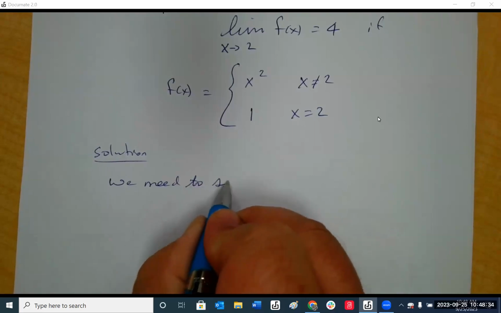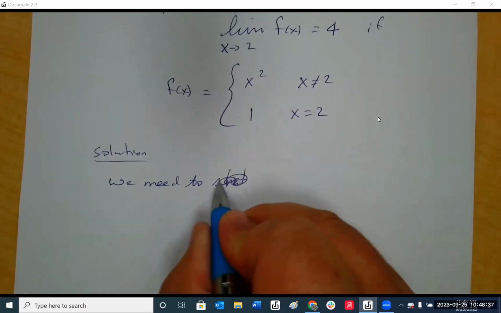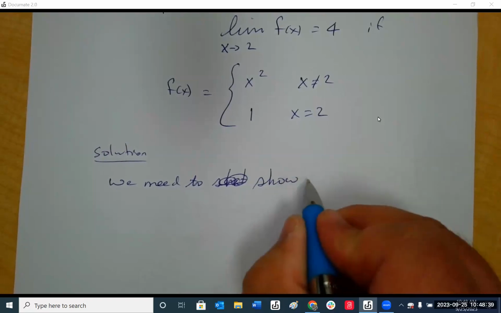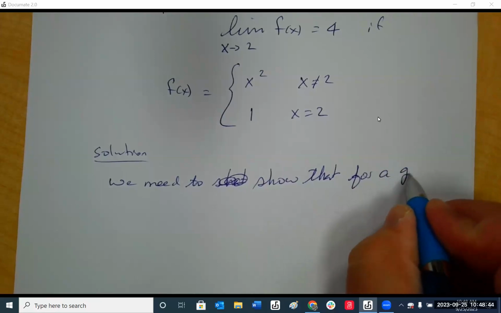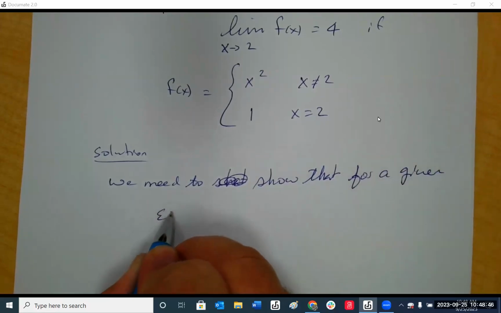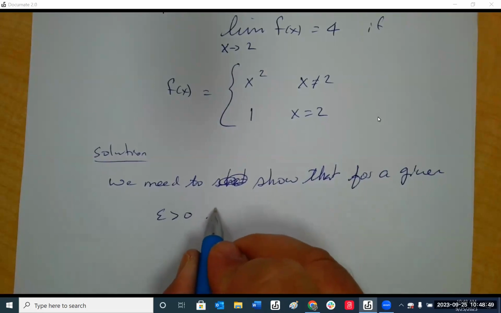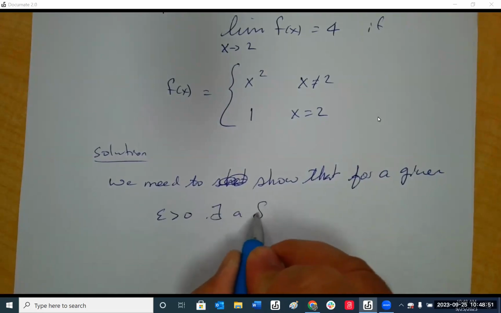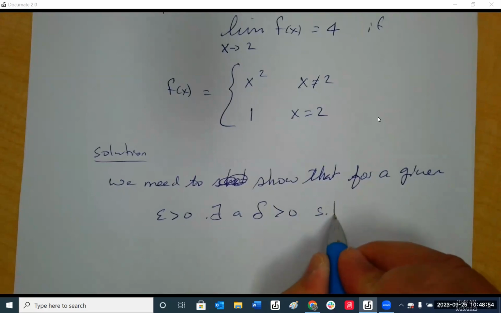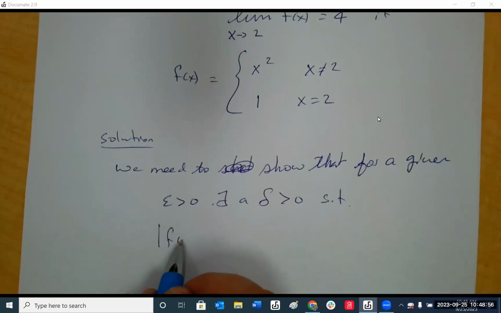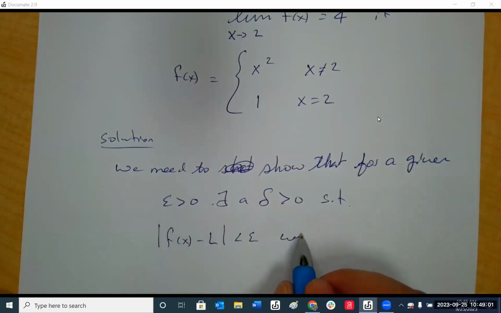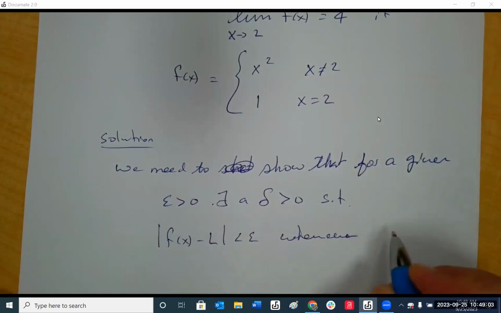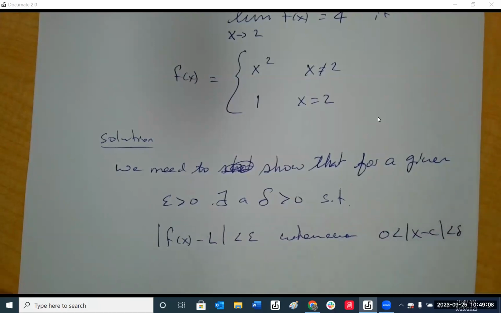We need to show that for a given epsilon greater than 0, there exists a delta greater than 0 such that |f(x) - L| < epsilon whenever 0 < |x - c| < delta.